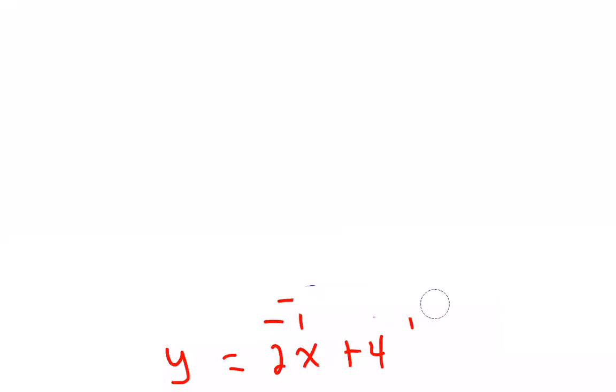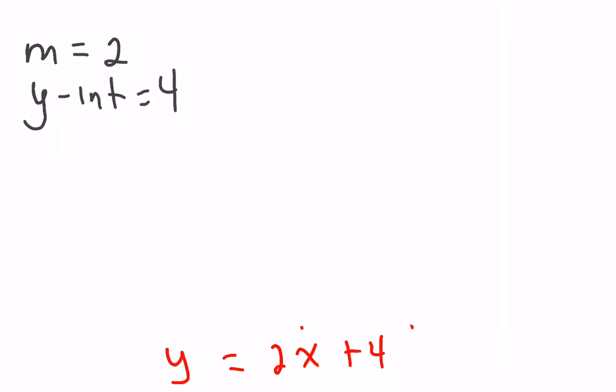All right, so let's leave that equation. That's what we want to graph. So we know that we have y equals 2x plus 4. Remember, in this case, the m is the 2, that's our slope, and the y-intercept is at 4. So let's take a look at our graph.